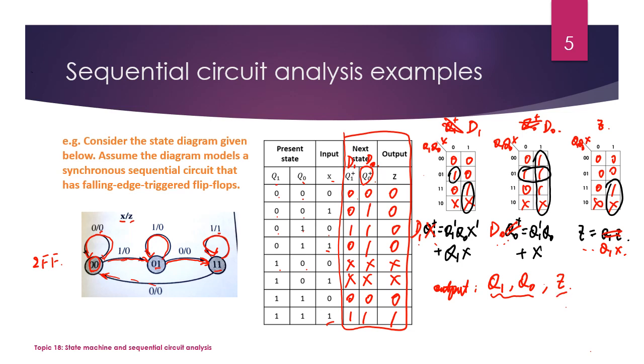But Z is determined by the current Q1 value and the X value, so this is pure combinational logic. So this is a Mealy machine, because it has an output which comes from the combination of the sequential part and the combinational part.